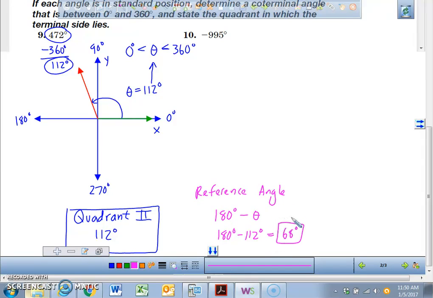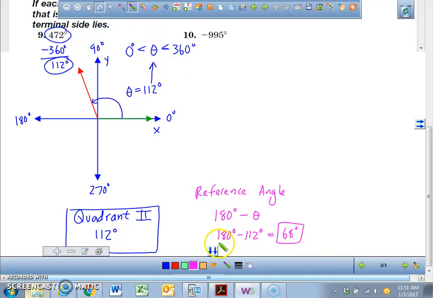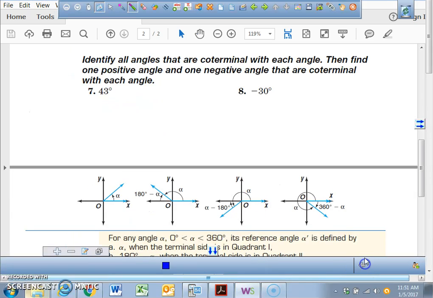Now this question, Jordan, didn't ask us for the reference angle, but if it did, it would be 68 degrees. So remember, this rule right here just works for which quadrant? Quadrant 2.